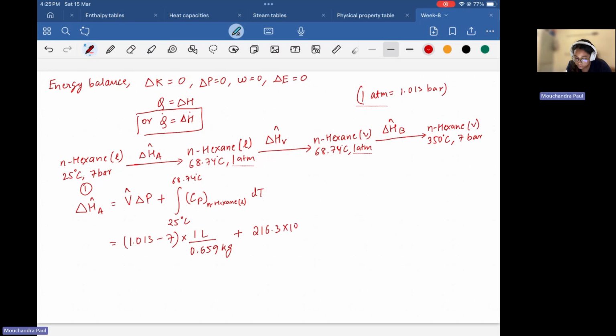So 10 to the power minus 3 is in constant form. So it will be 68.74 minus 25.